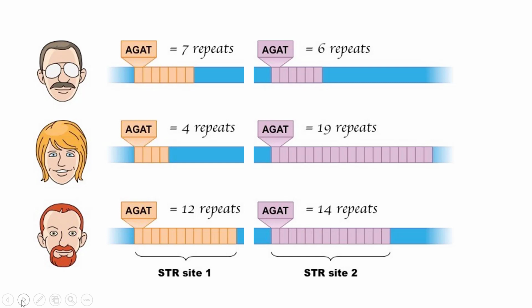So here we have these three individuals. We'll call this guy with the glasses suspect number 1. This blonde woman is going to be suspect number 2. And the red-haired gentleman is going to be suspect number 3. Decide which of these three you think look the most guilty.